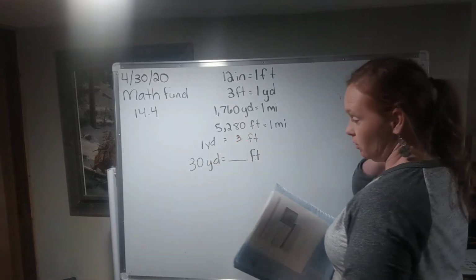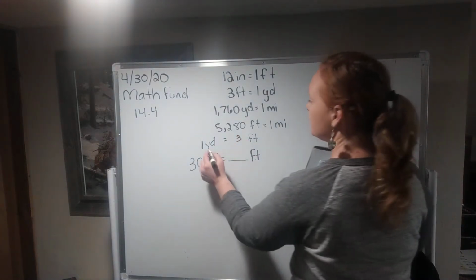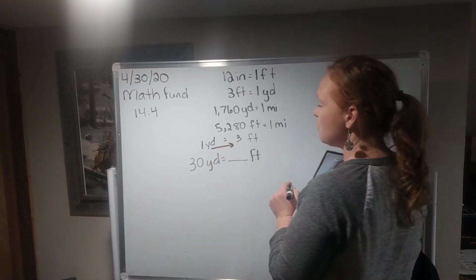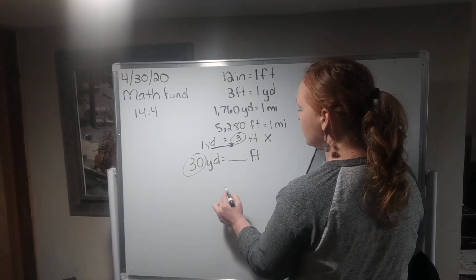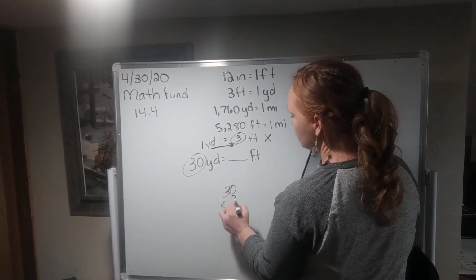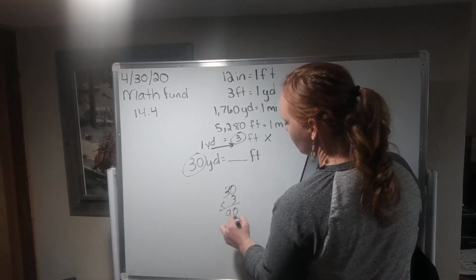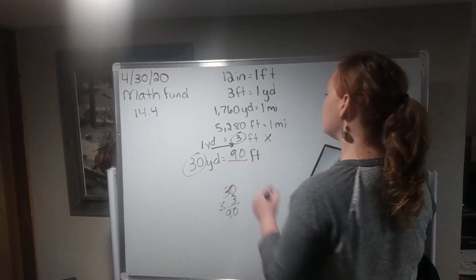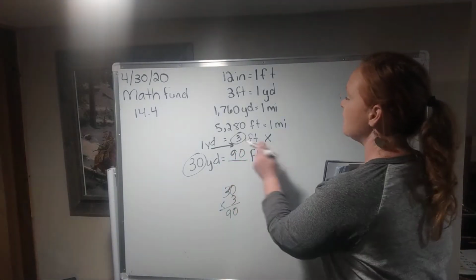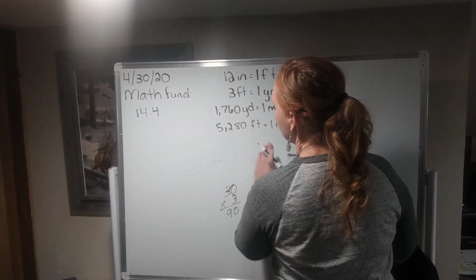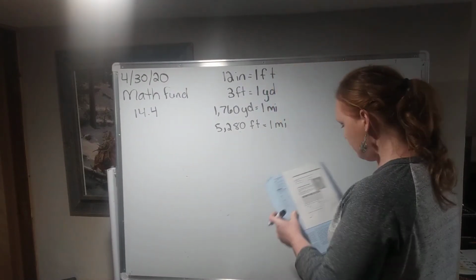So 1 yard equals 3 feet. So in this case, my number is getting bigger, so I'm going to multiply the two numbers that I know. 30 times 3 equals 90. So 30 yards equals 90 feet. Okay, we're using that same concept that we did yesterday of the thought bubble.